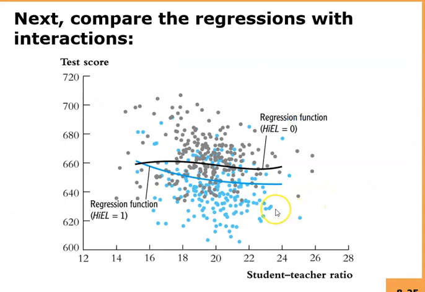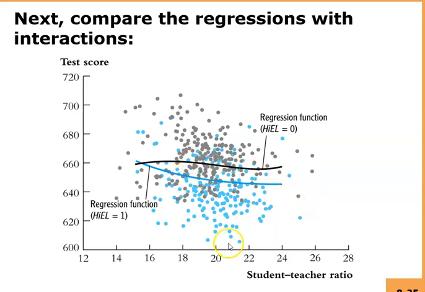Both of these curves basically show that for most of the data, meaning in this region over here, you can see that the slope when HIL is equal to 0 and when HIL is equal to 1 is pretty much similar to each other. But as far as policymaking is concerned, it still shows a difference of at least 10 points between the two lines.